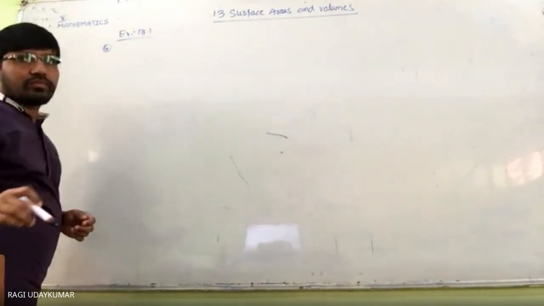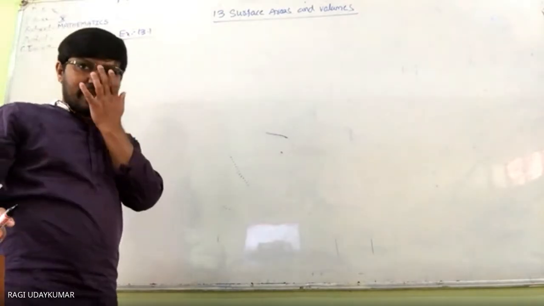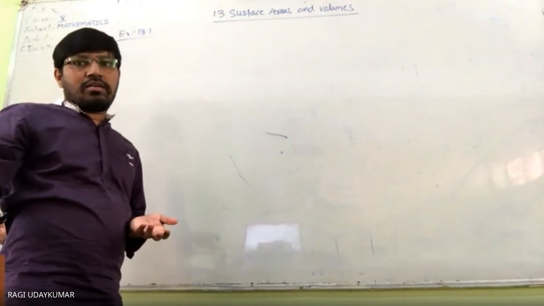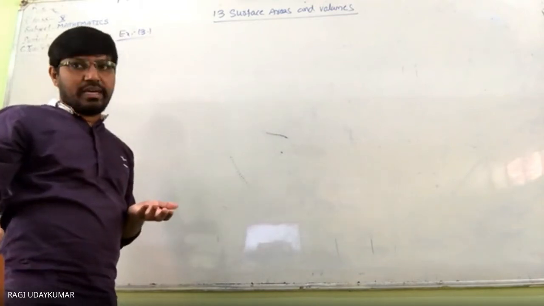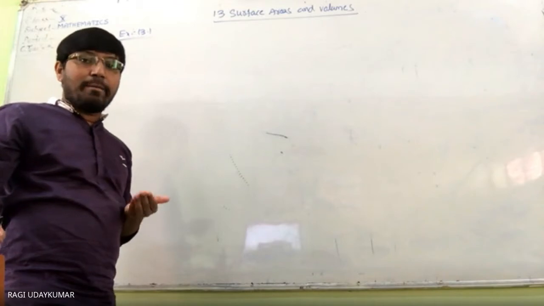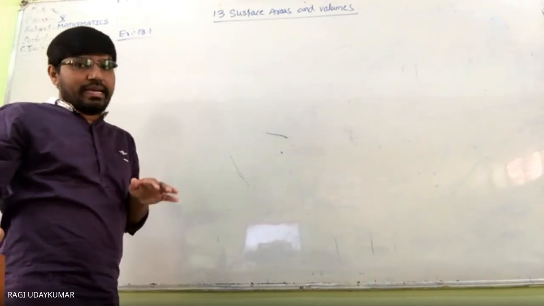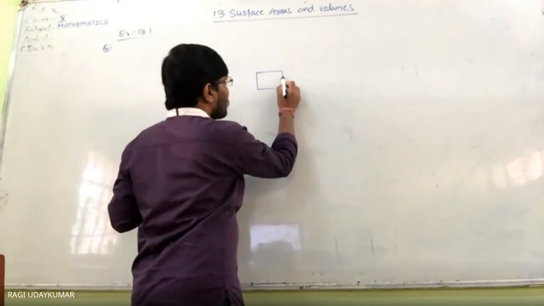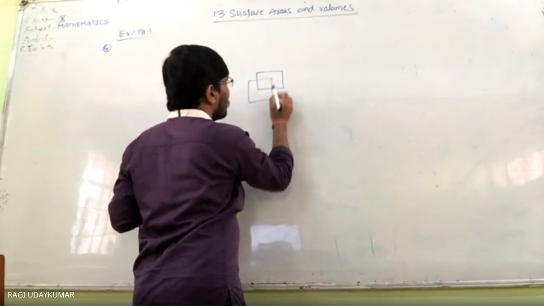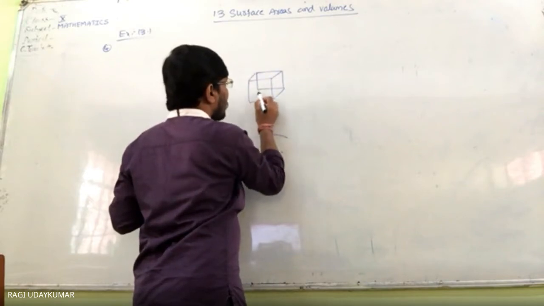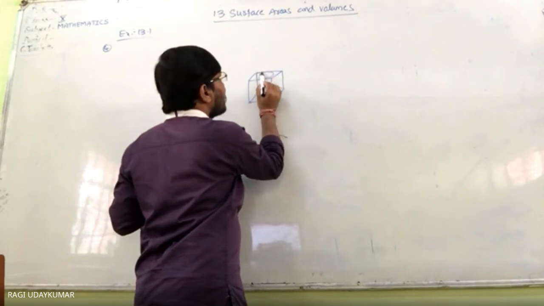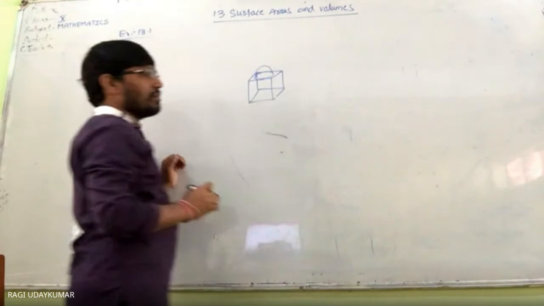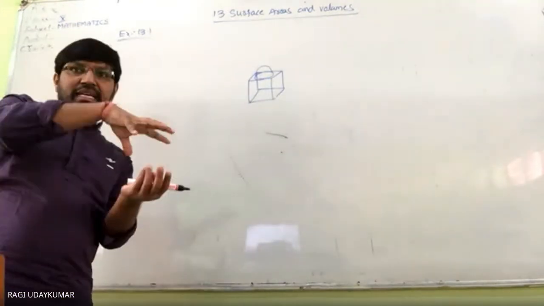Fourth one. A cubical block of 7 centimeters is surmounted by hemisphere. Cubical block of the 7 centimeter cube form में है. It is surmounted by hemisphere. Hemisphere इसके ऊपर है. Okay, so like this, if you want, you can draw like this, and a hemisphere like this ऊपर. एक box है ऊपर hemisphere is there.